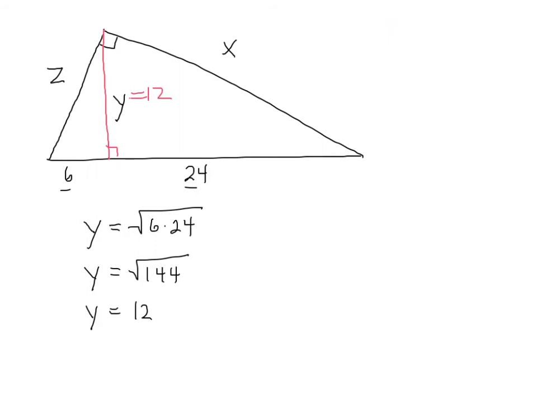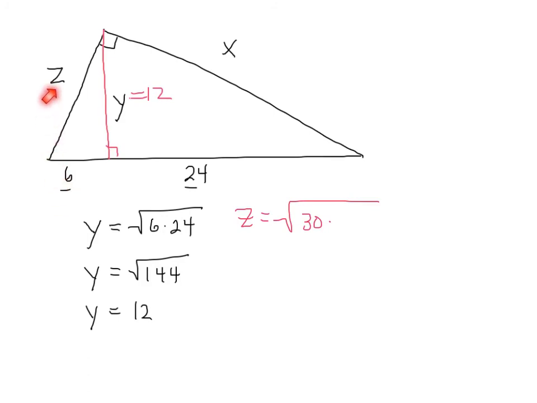It says that the length of a leg, so let's do z first, is equal to the square root of the product of the entire hypotenuse. Now in this case, I didn't give you the entire hypotenuse, but you can figure it. The length of the entire hypotenuse is 30 times the length of the piece of the hypotenuse that's adjacent to it.